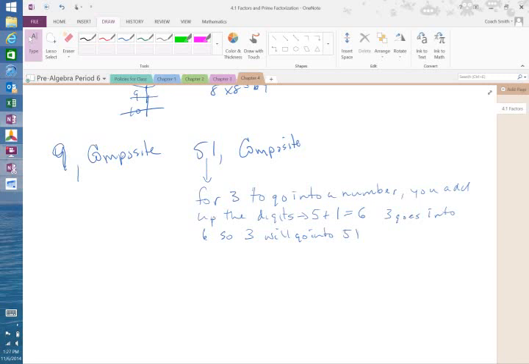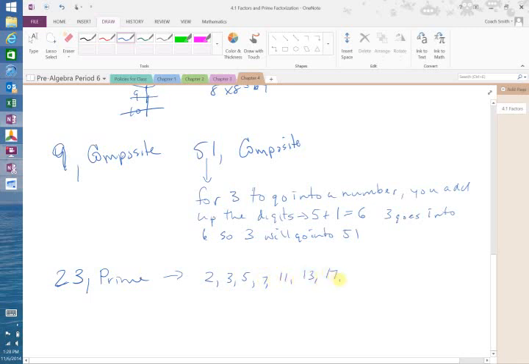All right, now, what about 23? It is prime. Remember, the first few prime numbers are 2, 3, 5, 7, 11, 13, 17, 19, 23, 29, 31, and so on.